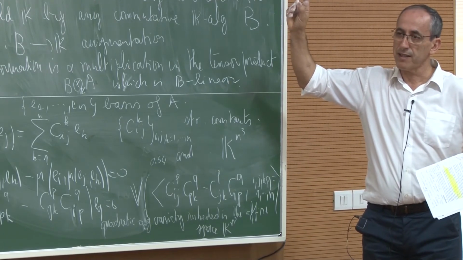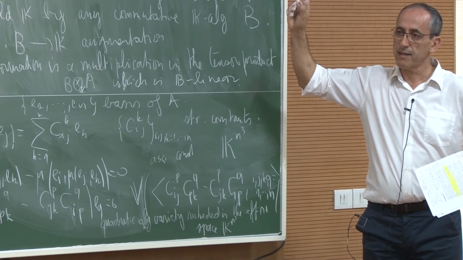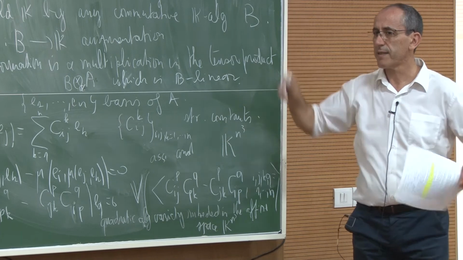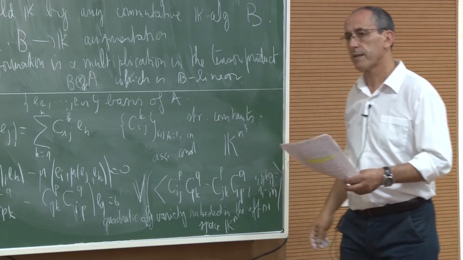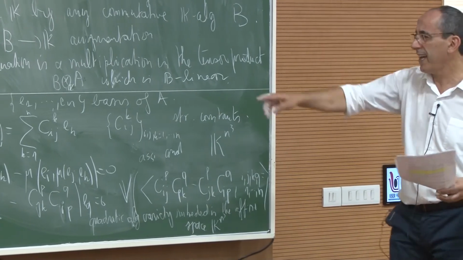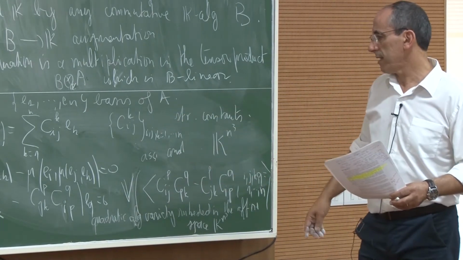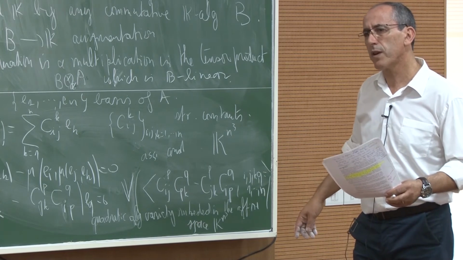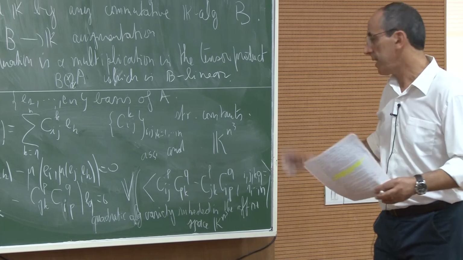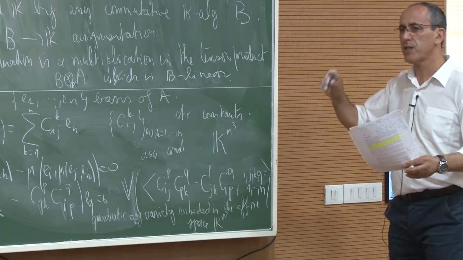So there's no bijection between Sn and the points of the variety, or with the isomorphism classes of algebras. To get the isomorphism classes, you need an action.